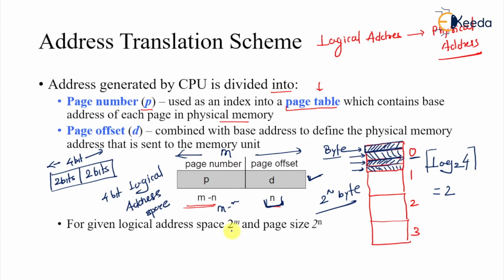So for a logical address space of size 2 to the power m bytes and page size 2 to the power n bytes, log base 2 of 2 to the power n gives n bits for the offset, and the remaining m minus n go to the page number.